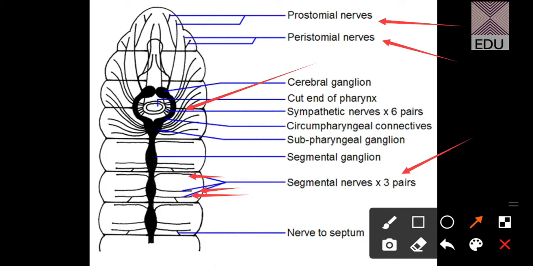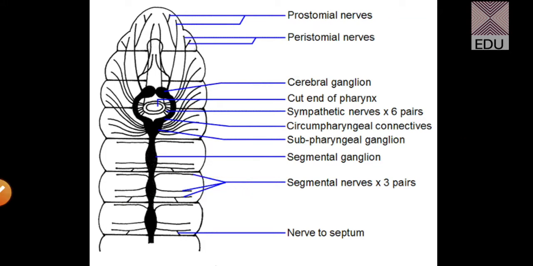Now students, if we talk about the third type of the nervous system, that is the sympathetic nervous system. This system consists of a very extensive network of nerves which is called a nerve plexus. It is spreading beneath the epidermis within the muscles of the body, and it is also present over the alimentary canal.